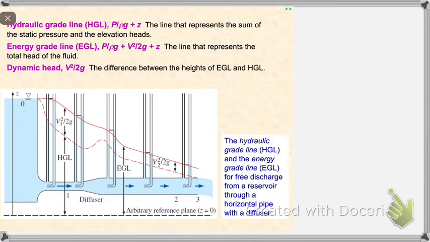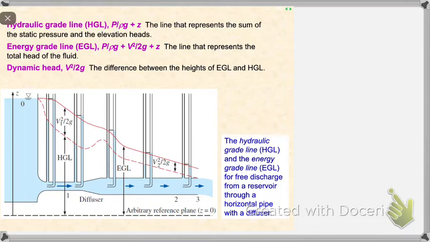Basically, when you are dealing with a pump or turbine, meaning that when you want to install, for example, a turbine in a kampung where you don't have electricity, we prefer to represent our site visually to evaluate the possibility of that site being installed with a turbine or pump, using what we call here the hydraulic grade line and energy grade line.